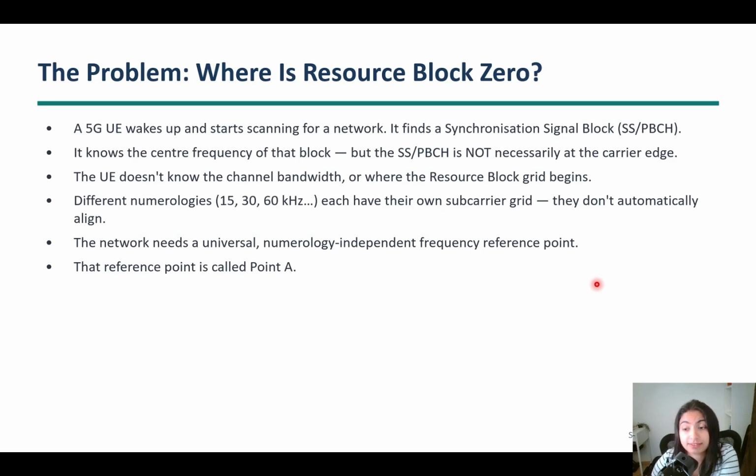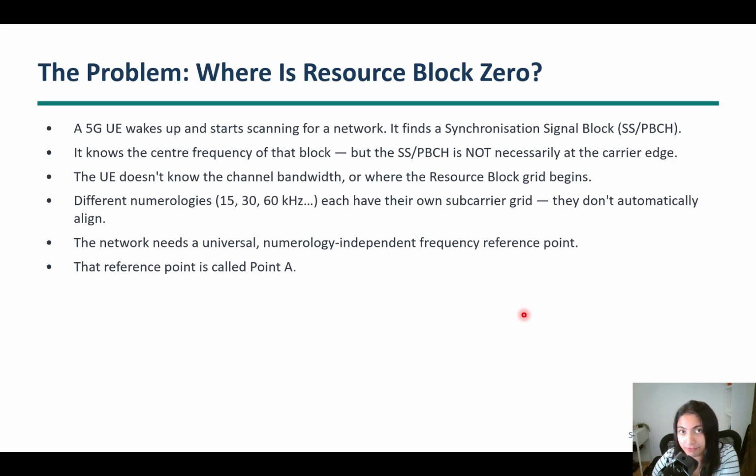But here is the problem: the SS/PBCH block is not at a fixed location within the entire 5G spectrum. The location of the SS/PBCH block is not standardized. It could be anywhere within the carrier. So the UE doesn't know where the overall resource grid starts.